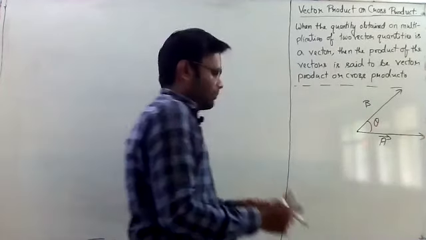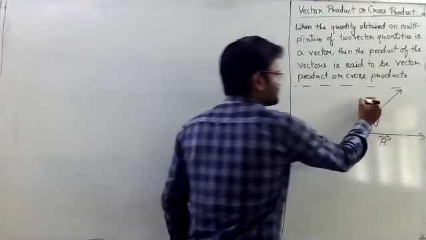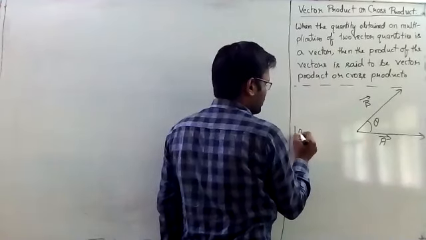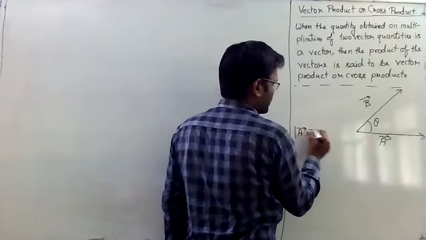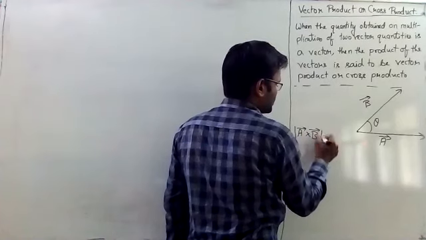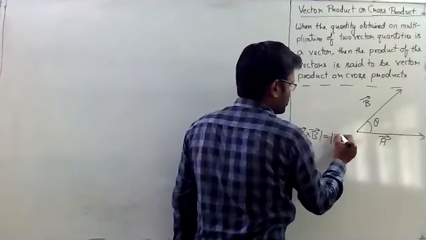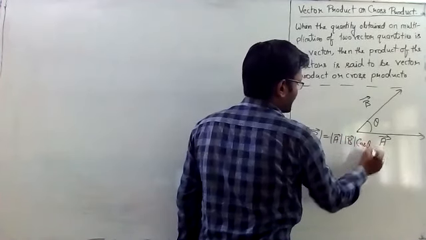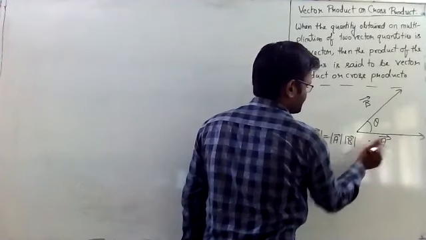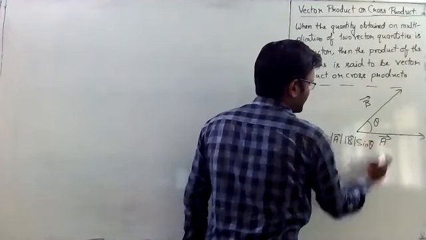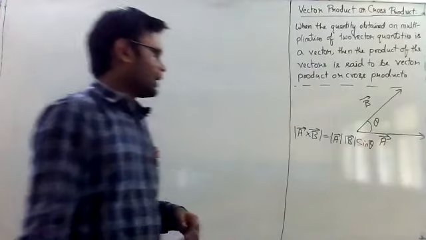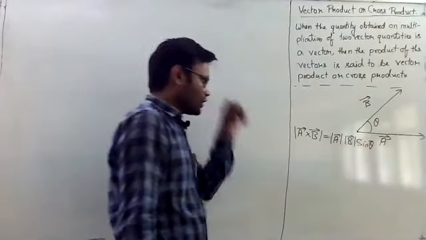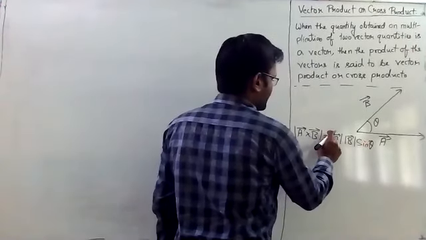Now in this case, the magnitude of A cross B is taken as magnitude of A into magnitude of B into sin theta. In the case of dot product, we used to take the cos theta component, and here we are taking the sin theta component. This is the magnitude.